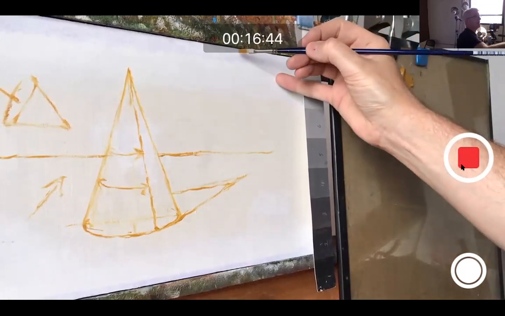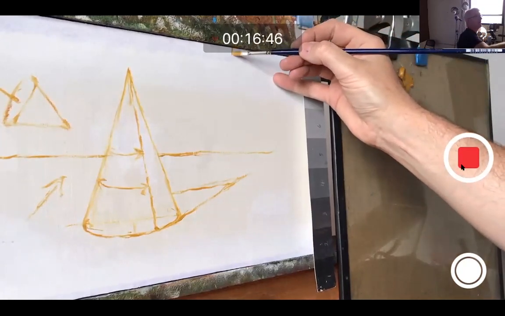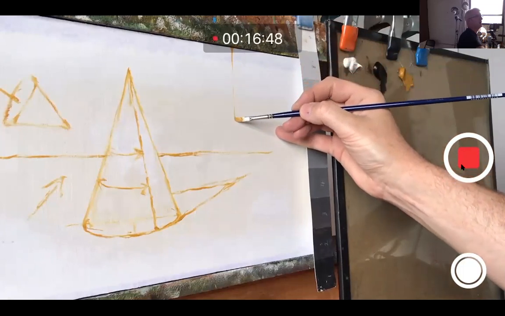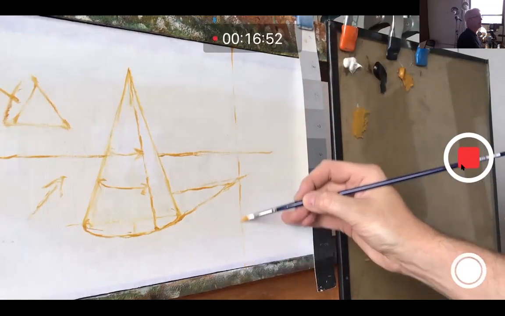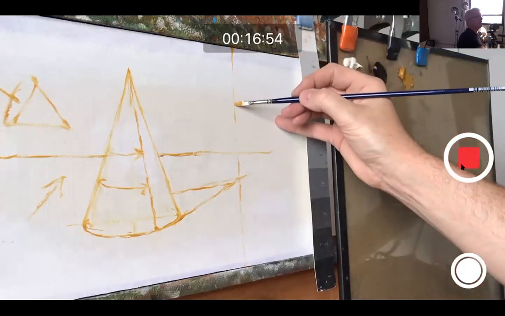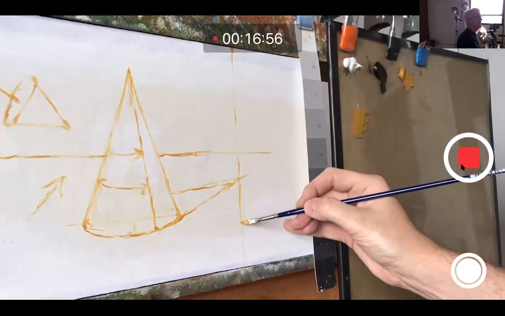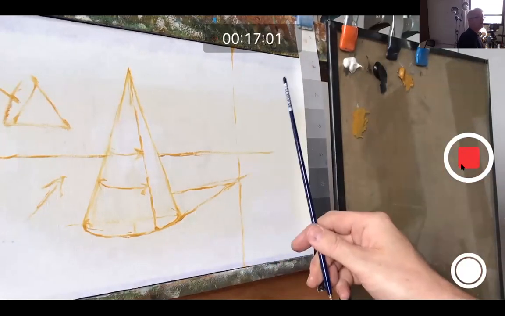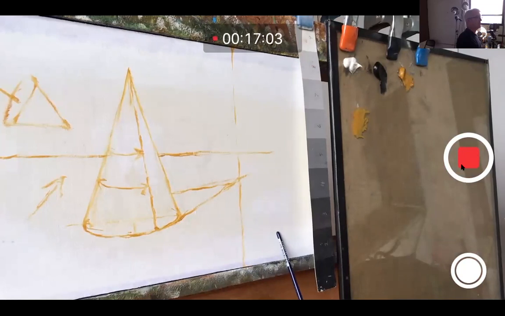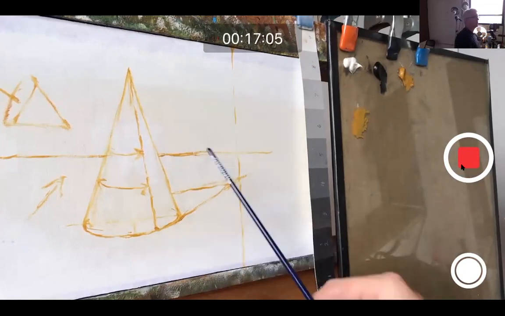Okay, so I've drawn my object so that I can now start blocking in. I have a relatively long canvas compared to the height. I'm going to approach this painting as if the painting ends here. I'm going to use this space to write some stuff as I do this painting.